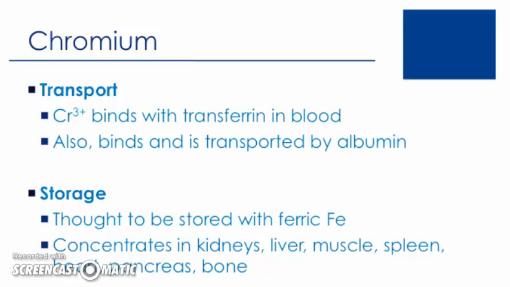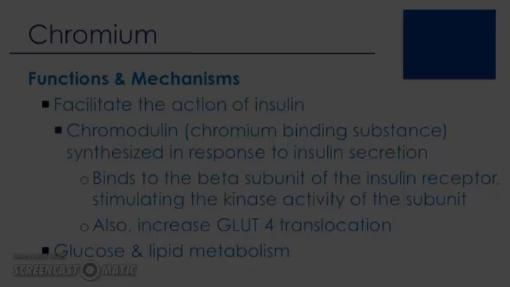Similar to iron, we see that chromium is stored with ferric iron, so the storage site is going to be similar as well, and it can be concentrated in storage in the kidney, liver, muscle, spleen, heart, pancreas, and bone. So we do see a lot of these parallels and overlap between chromium and iron.